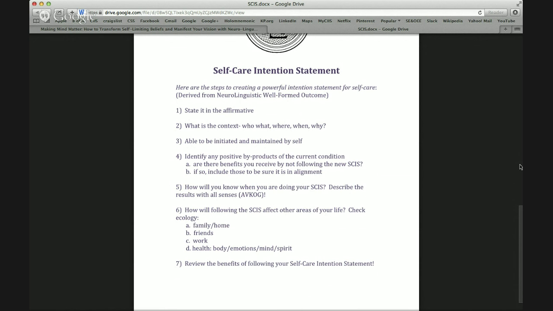So number 4 is really interesting. It's really powerful, and it might take a little time to dig through and find out what this is for you. Identify any positive byproducts of the current situation. Okay? In other words, are there benefits you receive by not following the self-care intention statement? And if so, include those to be sure it's in alignment.